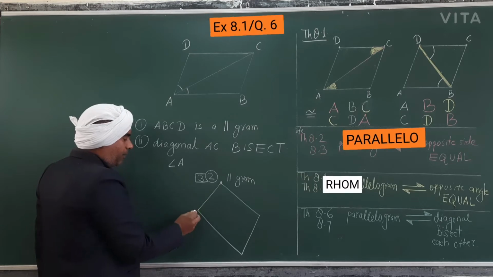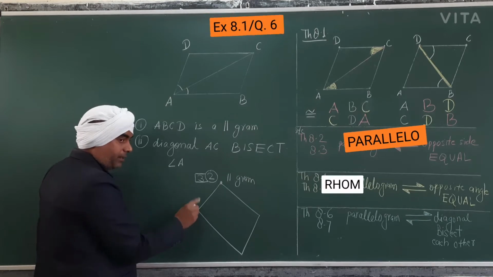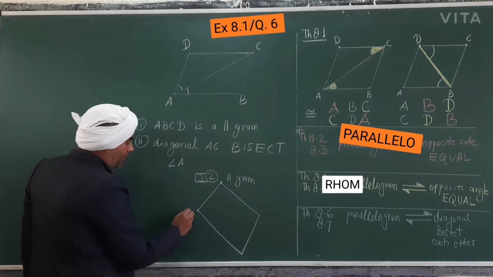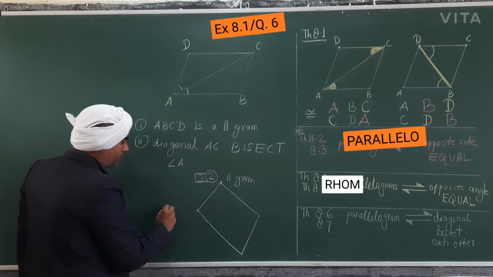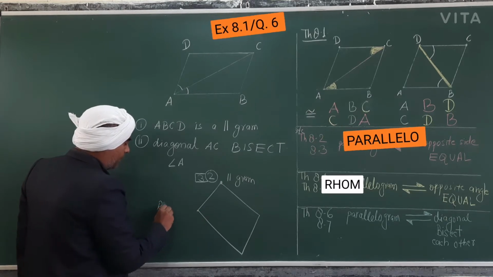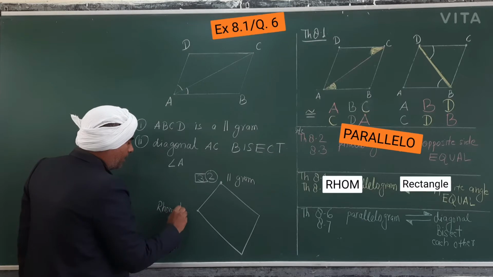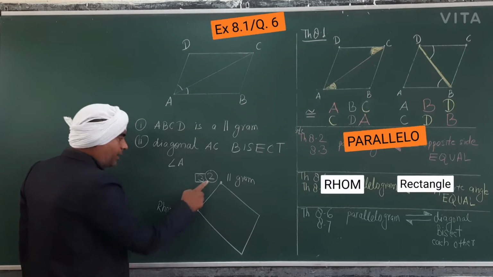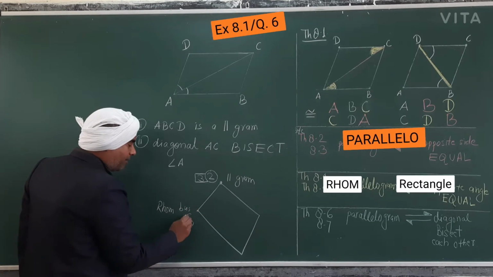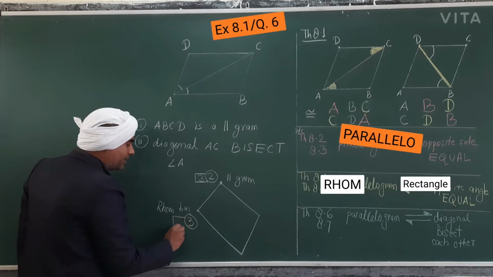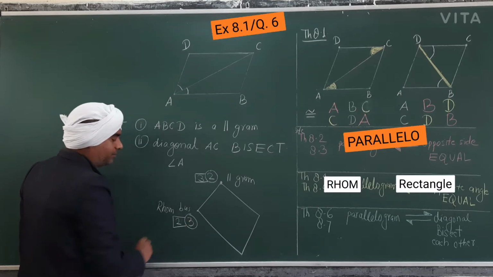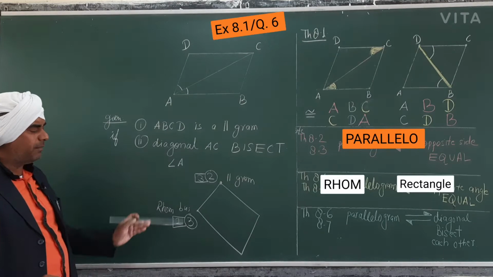After the parallelogram, in part 2 you can see I wrote rhombus. Here 3 conditions are given and only 2 conditions are left. What is the special letter here?